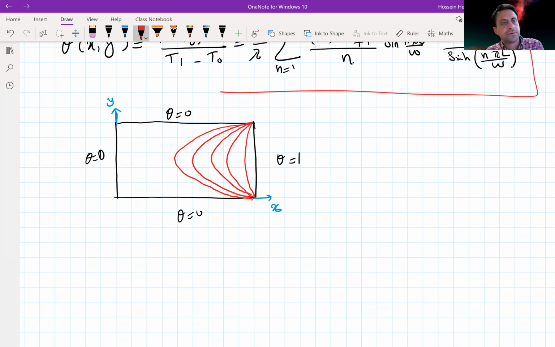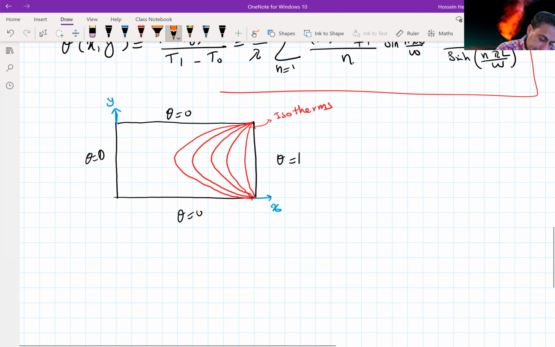So I'm just plotting a few isotherms here. So these are the isotherms. These isothermal lines are showing that the temperature is constant. So let's say this could be theta equals 0.8 or 0.7, 0.6, 0.4, all the way till it gets to 0. Now, we know the heat flow rates are normal to that.